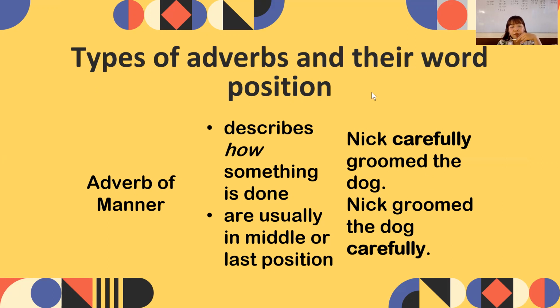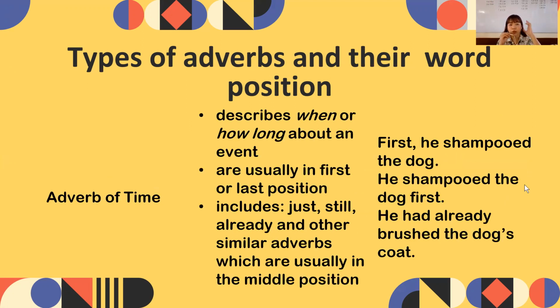In the second sentence, the ballerina is our subject, and danced is the verb or action. In the middle of the ballerina and danced, that is where we put gracefully. Or it can be put at the last position: the ballerina danced in the stage gracefully. That is also correct or acceptable. So that was for adverb of manner.